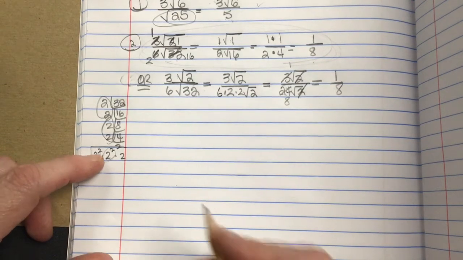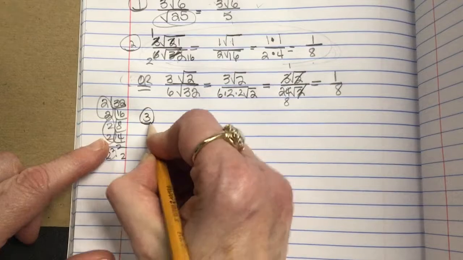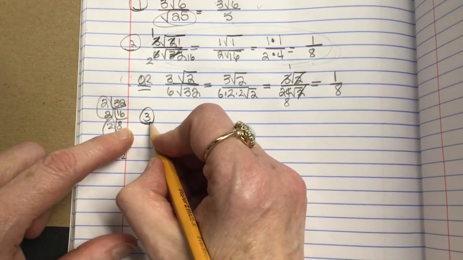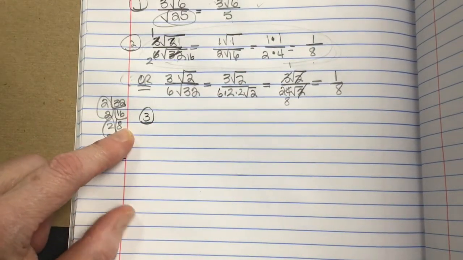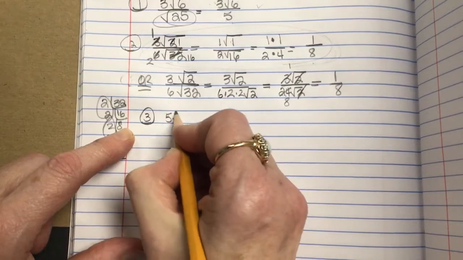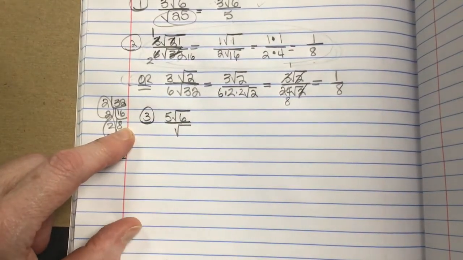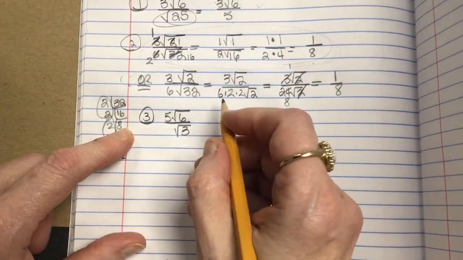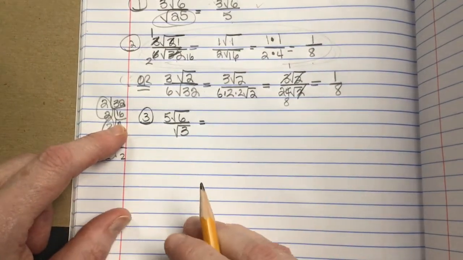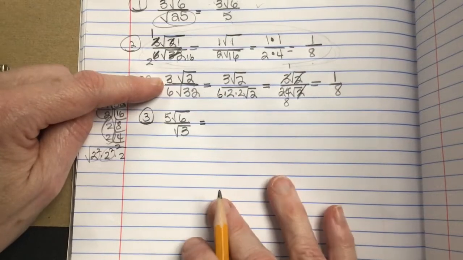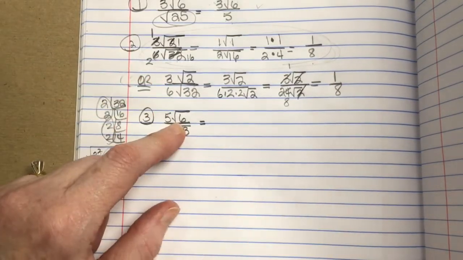Let's try another one. Let's do 5 square root of 6 over the square root of 3. Now, I don't have this as an option in this one because square root of 6 is 2 times 3.